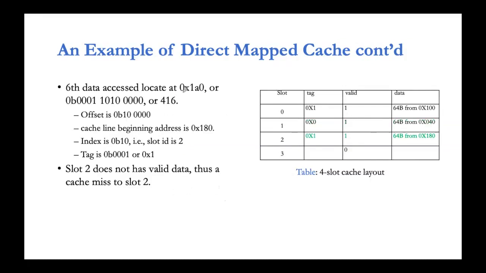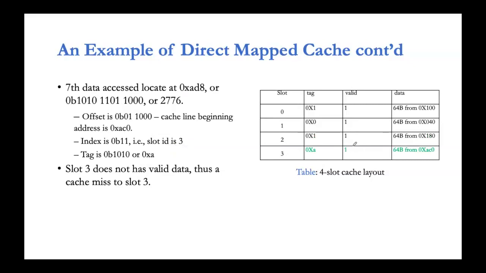For the next one, slot ID 2 is selected and the tag address is 01. Slot 2 does not have valid data, thus a cache miss to slot 2 again. So that will be fetched from the main memory and stored into this data.